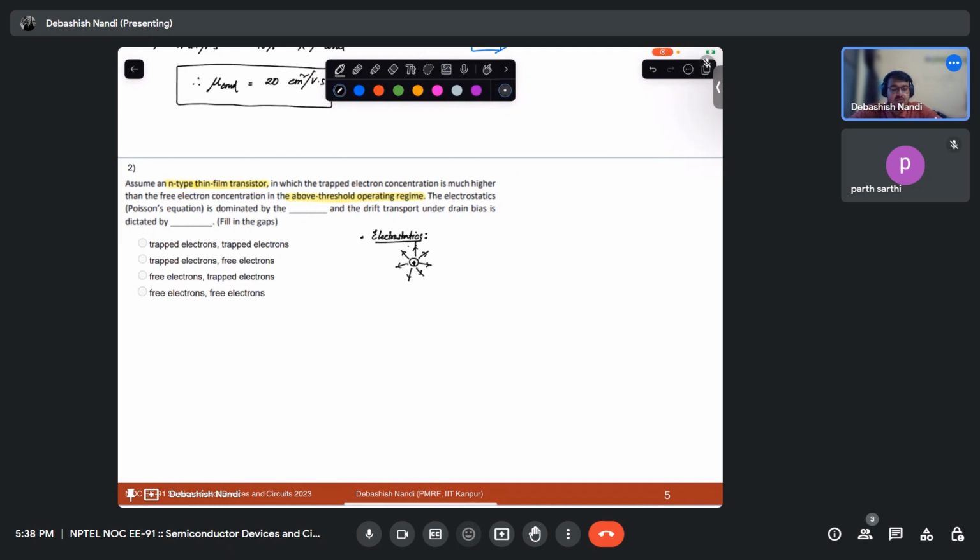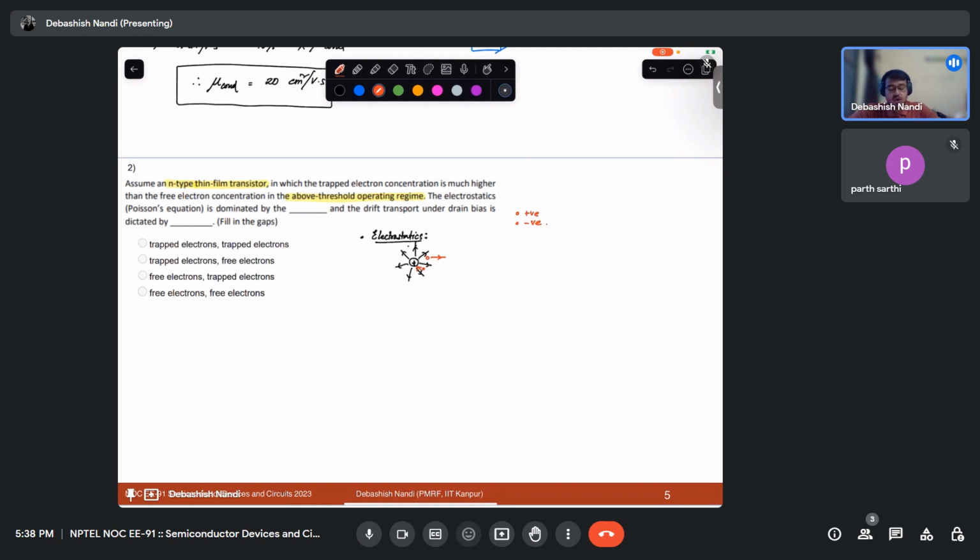What electrostatics tells us is how any other charged particles, holes or positive charges, and negative charges, behave. This will get repelled, this will get attracted, right? How another charged particle moves about any electric field, that is called electrostatics.